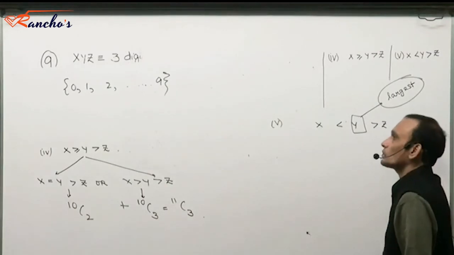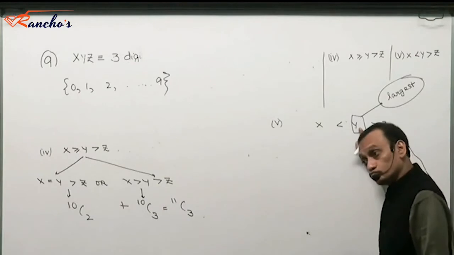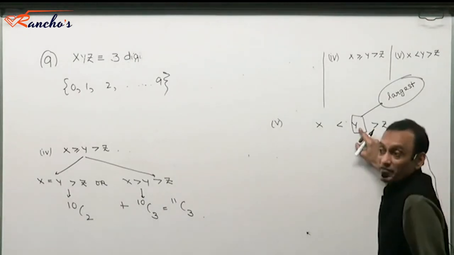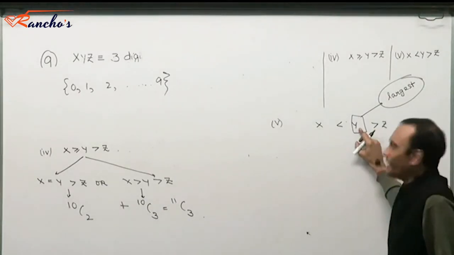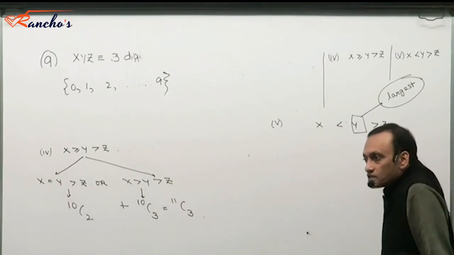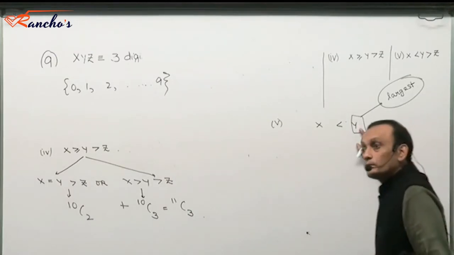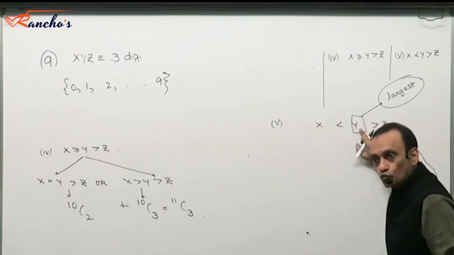So, what's the smallest middle digit possible? 2. It can't be 1, because if it is 1, then the 2 neighboring digits would have to be 0 only. That's not possible. So y minimum can be 2.